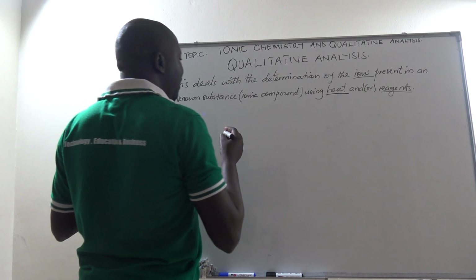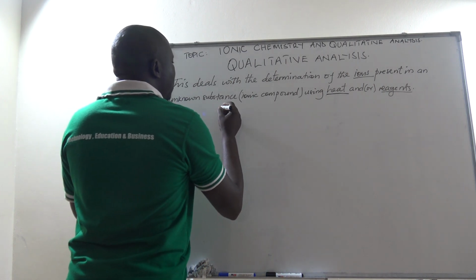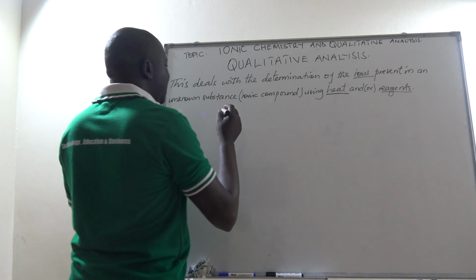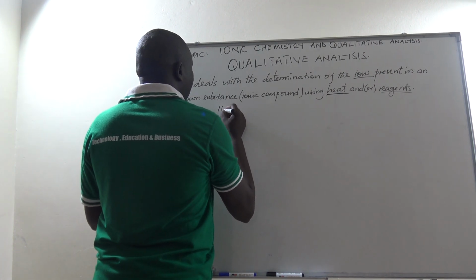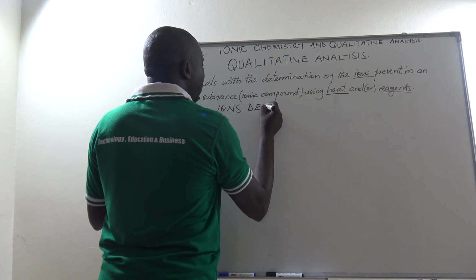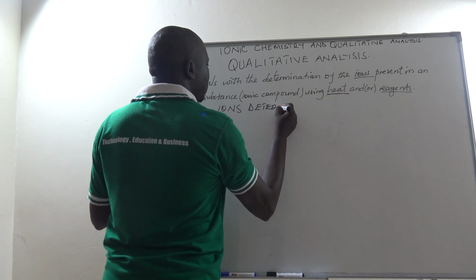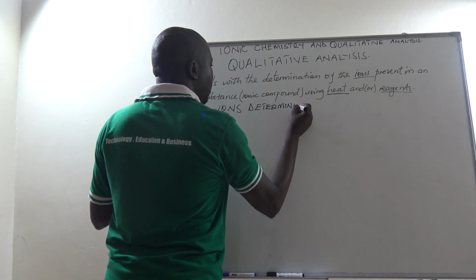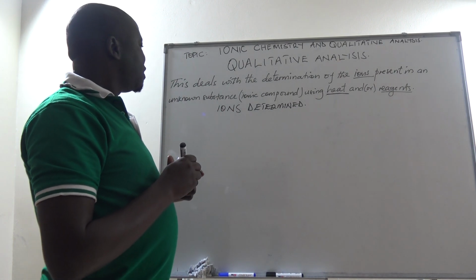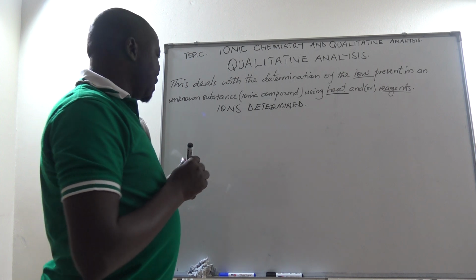So in this case, we need to look at the ions that we determined at this level. So let us look at ions determined in this case at ordinary level. Which ions do we deal with in this case?